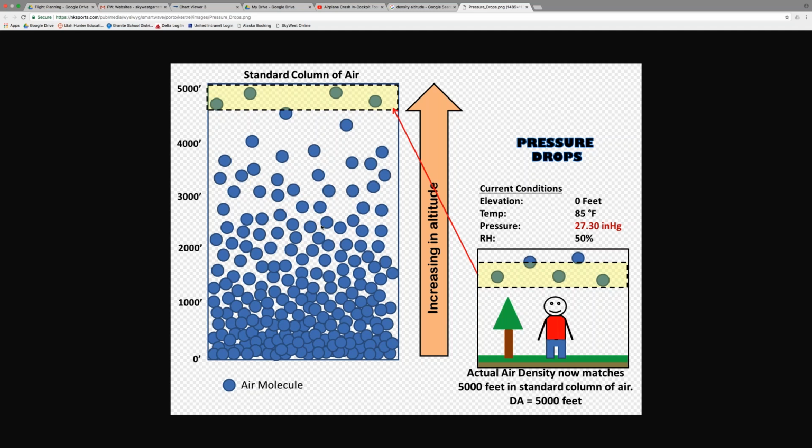Air is the same way. The weight of the other air molecules compresses the air lower, like our sea level pressure, with all these air molecules down at sea level. But as we climb in altitude, it gets less and less dense.